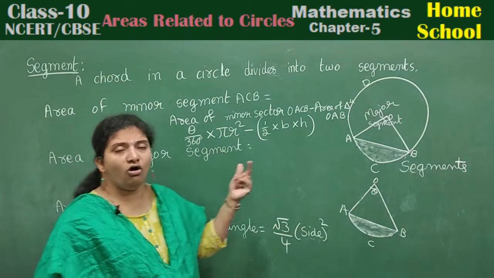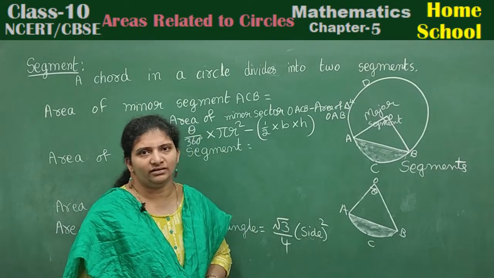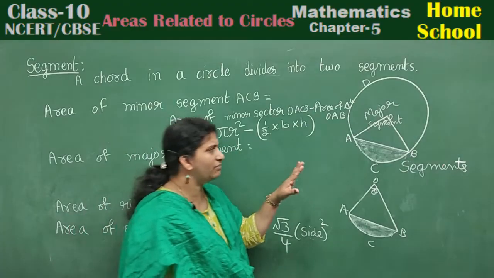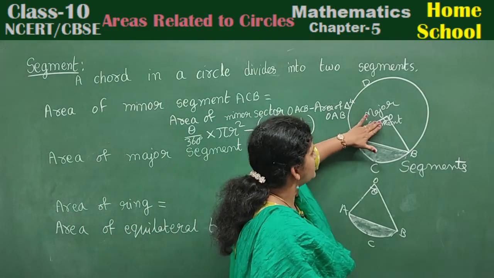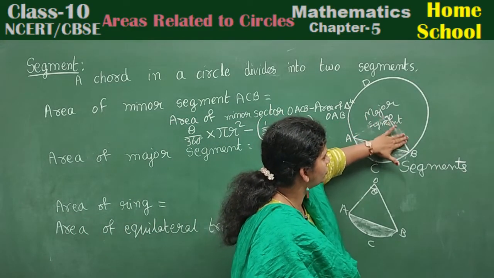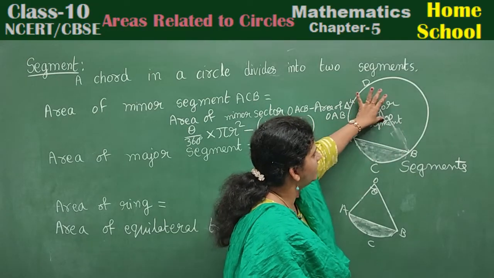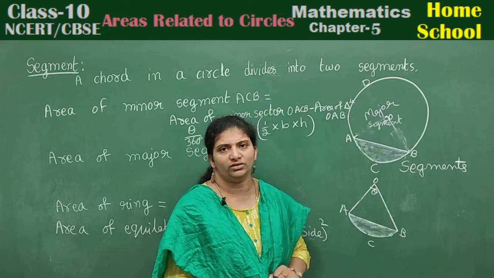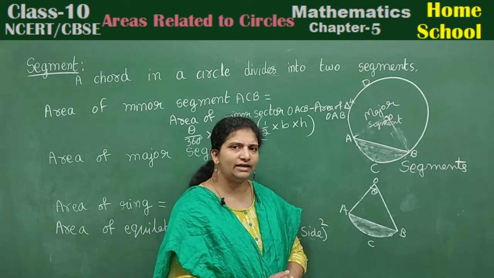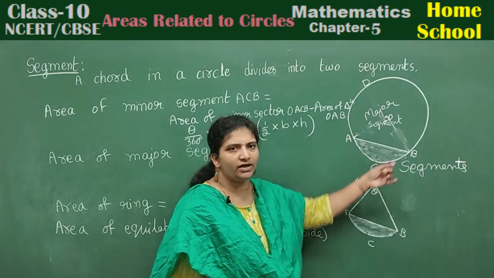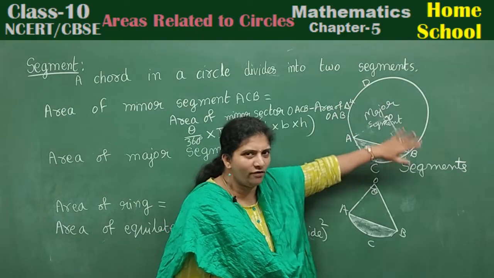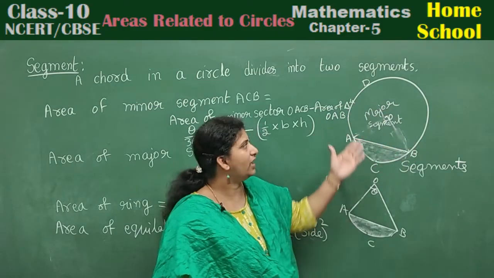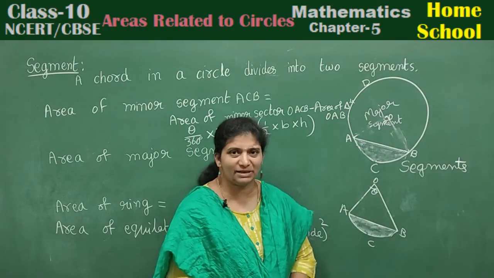Next, area of major segment. Observe the figure carefully. Major segment means, look here, just let me remove this two radii, or the triangular part. Okay. Area of major segment I want. How are we going to calculate? Observe the figure carefully. In the area of a circle, if you remove this part, you are going to get the area of the major segment.